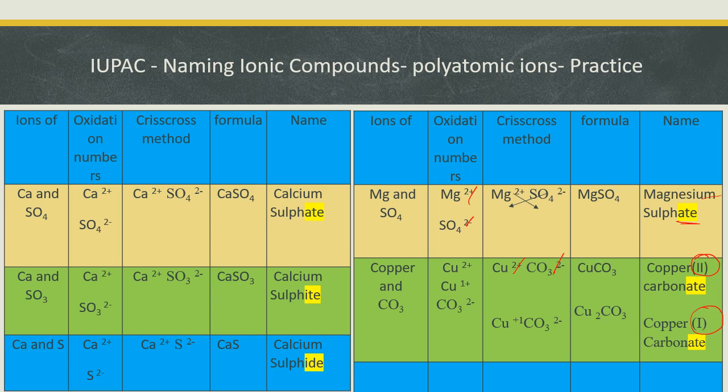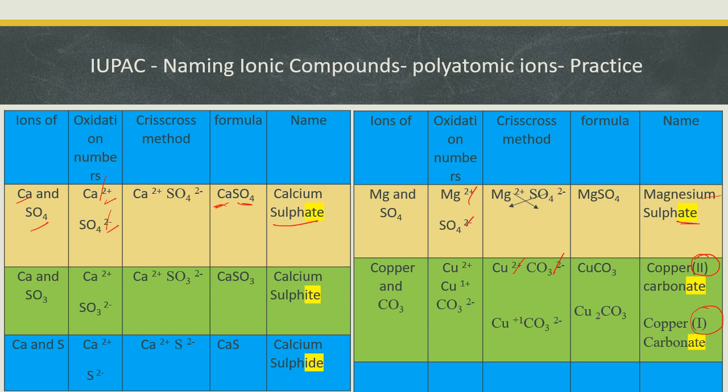So there are more examples here. Calcium and sulfate. So Ca2 plus and SO4 2 negative. That will cancel because of the opposite charges. So you will write CaSO4, and the name of the first element is just calcium, and the name of this one you can find from the reference material is sulfate.